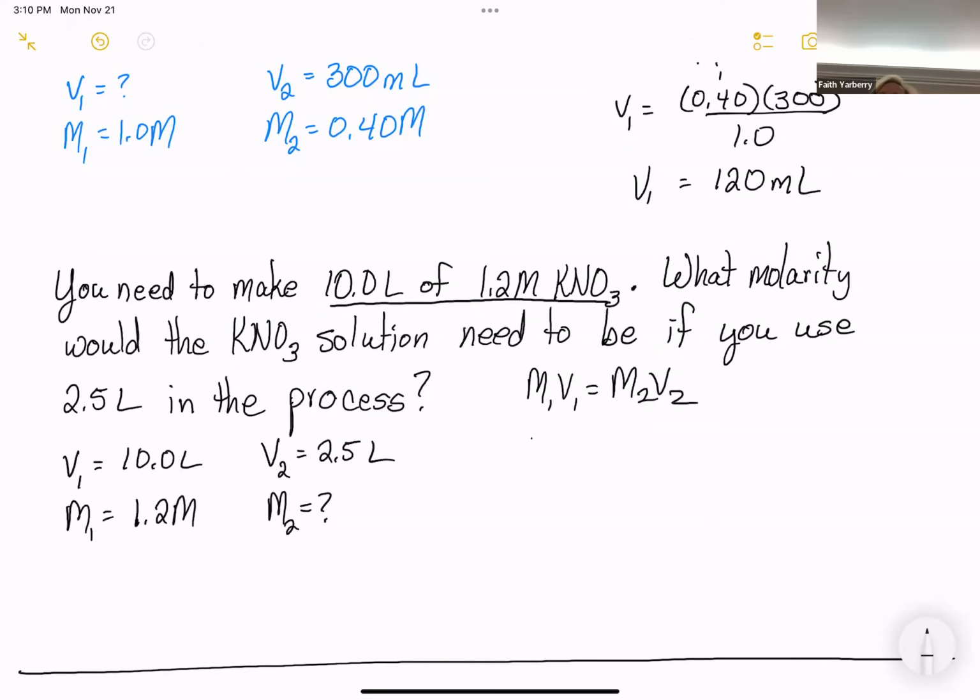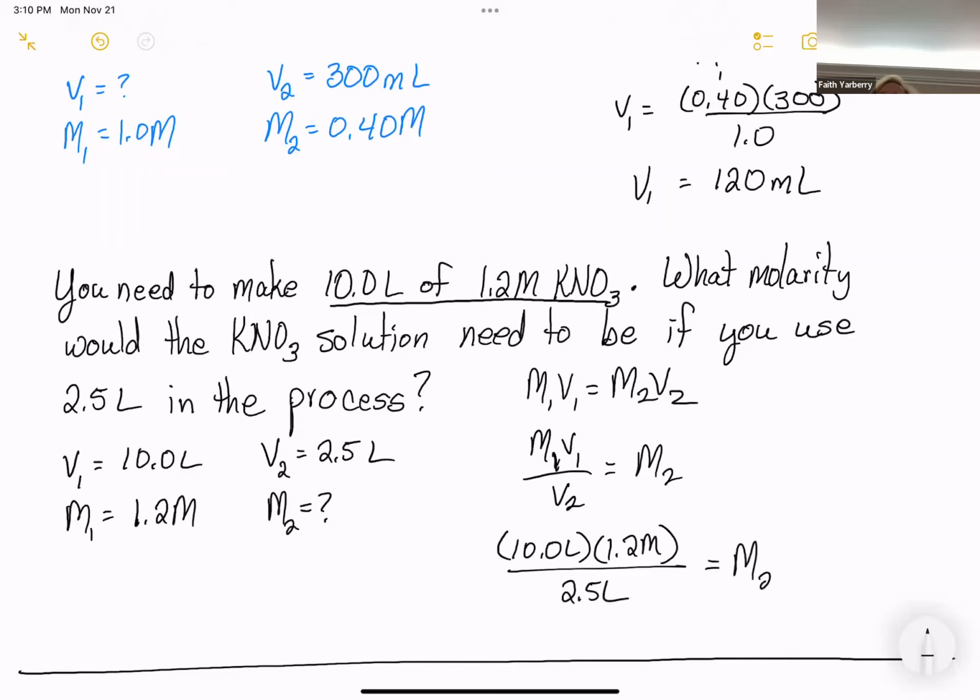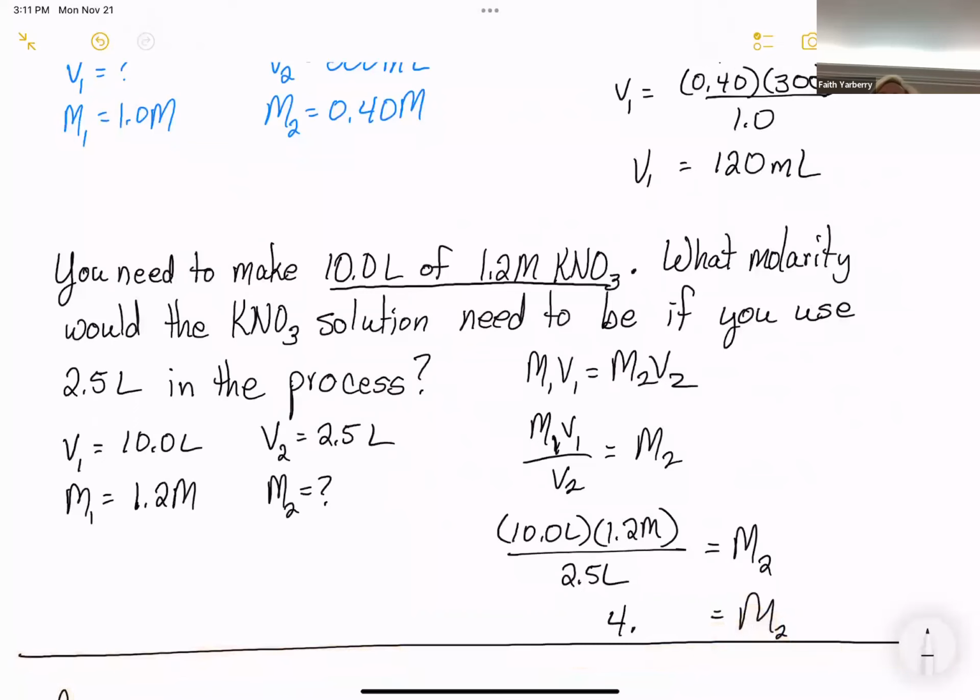Rearranging this equation to solve for our desired variable, M1 V1 over V2 is equal to M2. 10.0 liters times 1.2 molar, all divided by a volume of 2.5 liters will give us our new molarity, and that new molarity comes out to be 4.8 molar KNO3.